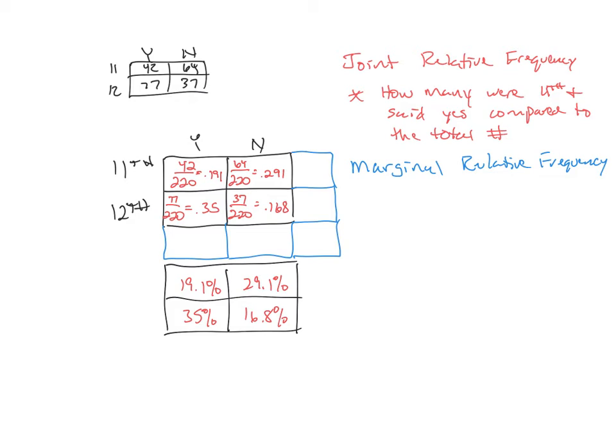Okay, so 0.191 and 0.291 is 0.482, and then 0.35 and 0.168 is 0.518, and then the same thing up and down, we'd say 0.541 or 0.459, and then again, just like the last one, the two margins should add up to the total. Well, both of these should add up to 1 or 100%.